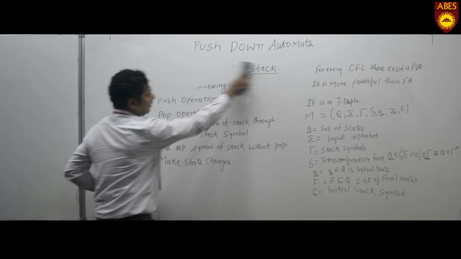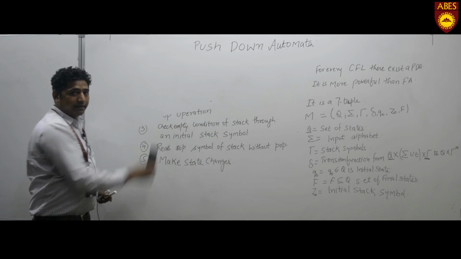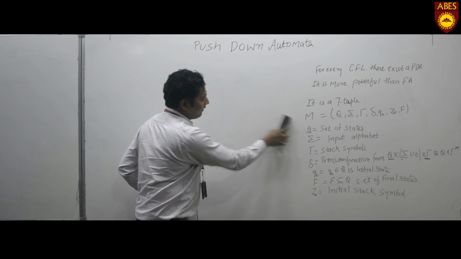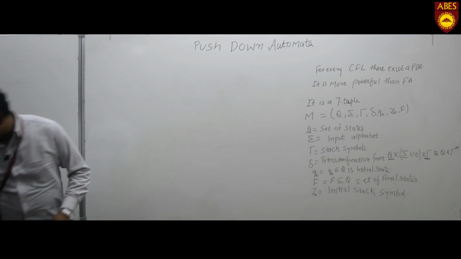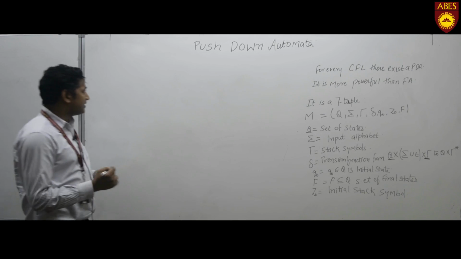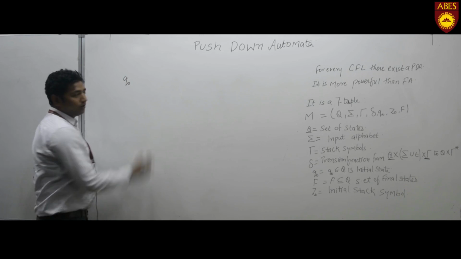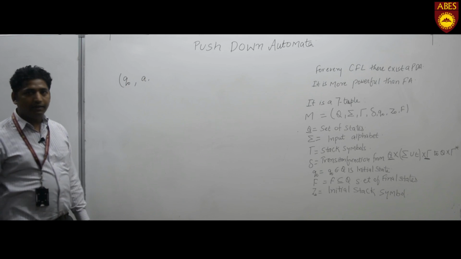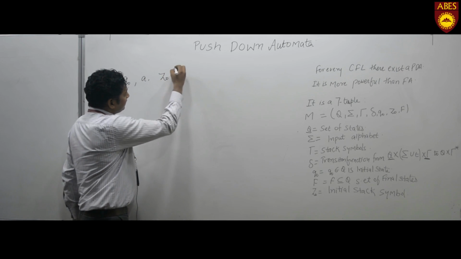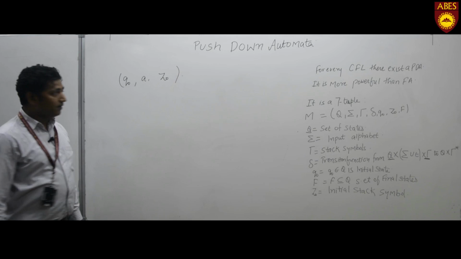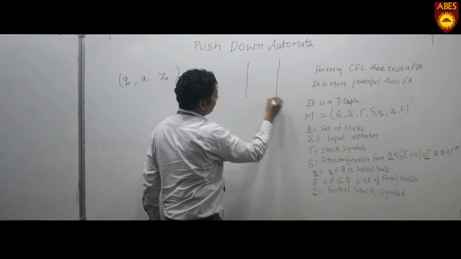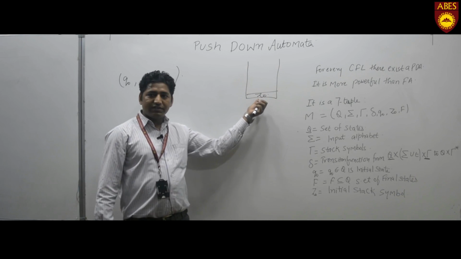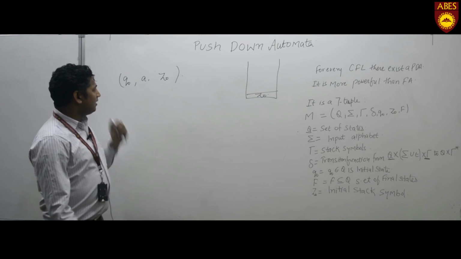We'll see all the operations we have talked about, starting with the push operation, and how the transition is done while doing it. For the push operation we have state Q naught, an input A, and an initial stack symbol Z naught. We can also draw the diagram for this. Here we have the stack with initially Z naught, and we want to do a push operation.